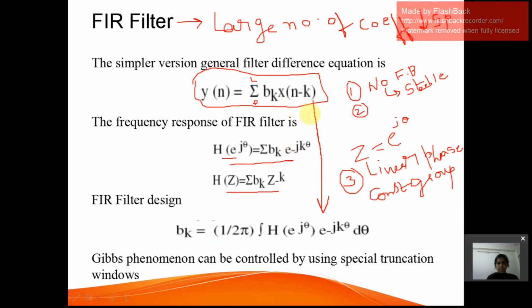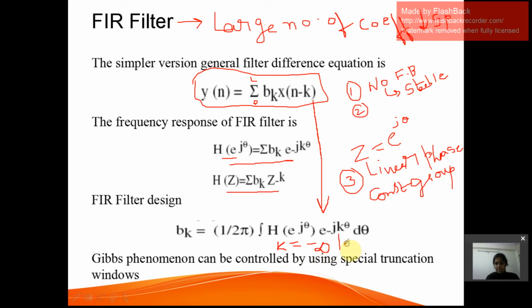Just take the inverse of this equation, 1 by 2 pi, and obviously the summation is converted into an integral, and the value of k will be from minus infinity to infinity.